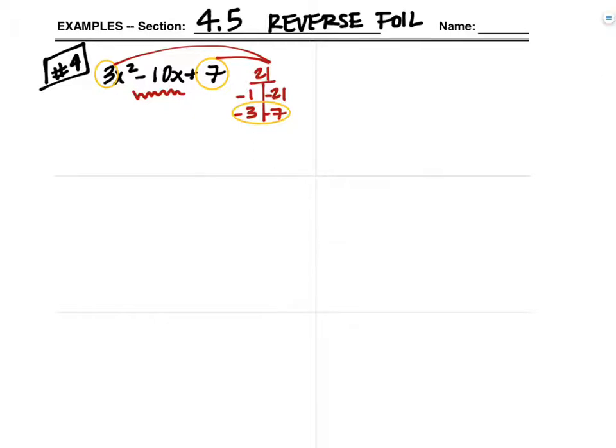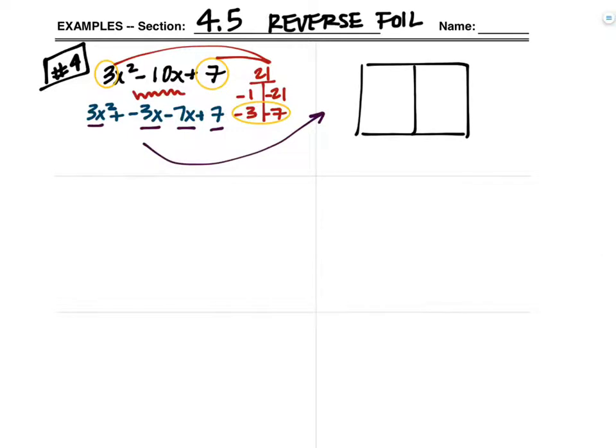And in fact, the negative 3 plus a negative 7 indicate that middle term of negative 10. So I'm going to expand those out and make 4 terms and place those 4 terms into my reverse FOIL, or my visual FOIL box. So 3x squared, negative 3x, negative 7x, plus 7.